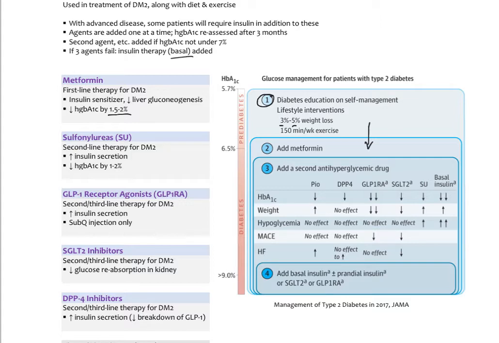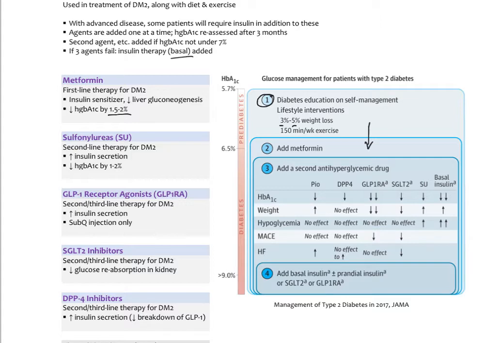Again, if the Metformin after 3 months with the diet, exercise, etc., still doesn't bring the A1C back into the goal of between 6 and 7%, then we're going to add a second anti-hyperglycemic drug, and that would include things like the sulfonylureas. These are second-line agents. These actually tell the beta cells, they trick it into secreting more insulin, so they're really trying to just get more insulin out of the beta cells.